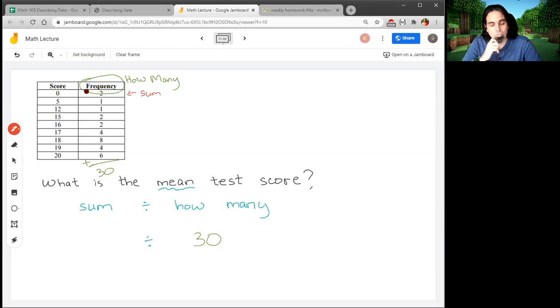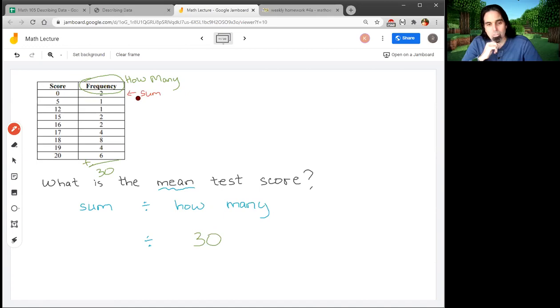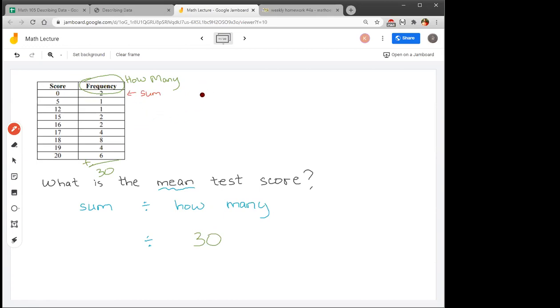There were 2 students that scored 0. Don't think too hard. Can you repeat the question, please? Sure. How much does just the top row contribute to the sum of all the test scores? It would be 2 times 0, so 0.